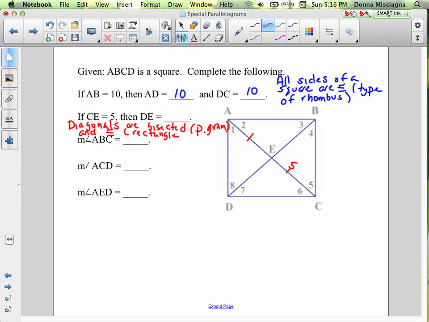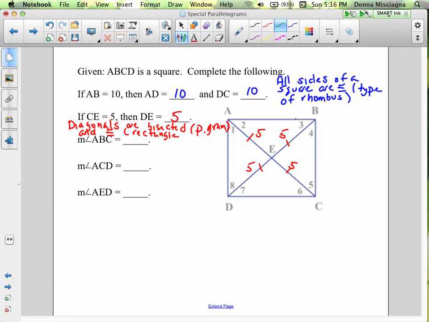So if the diagonals are bisected, it means that AE is also 5. If the diagonals are congruent, then all of these segments have to be 5. So the measure of DE is 5. Right? So you see, these are not too difficult to figure out so long as you know the features of a square.